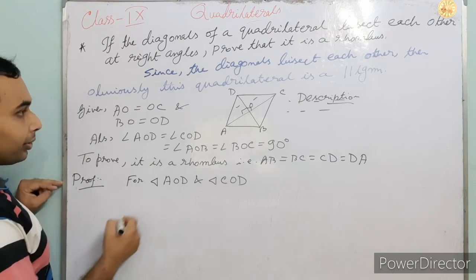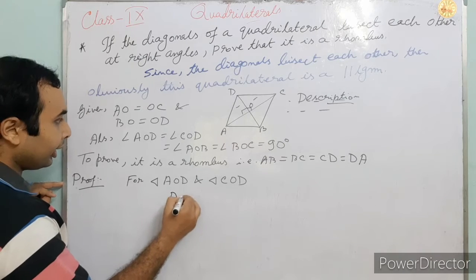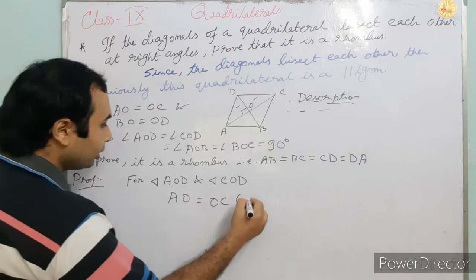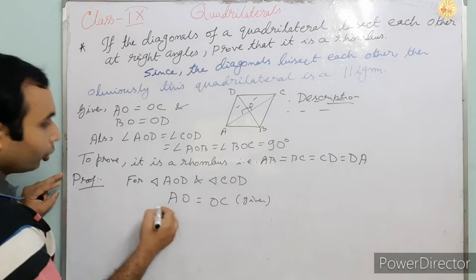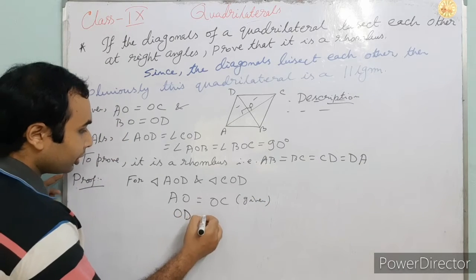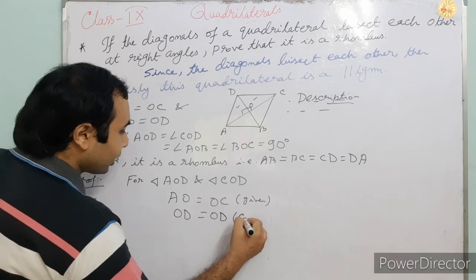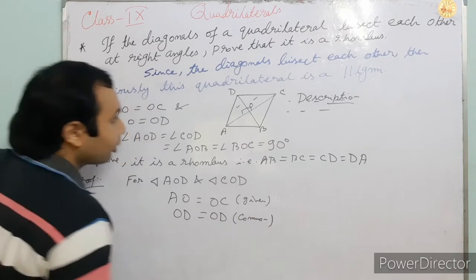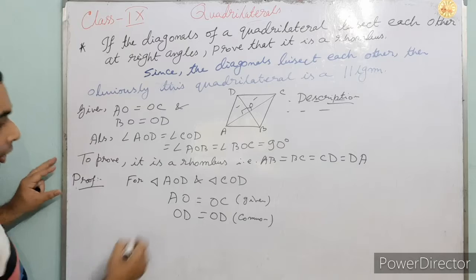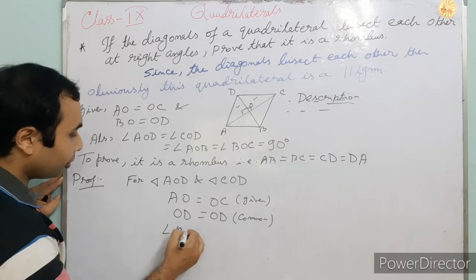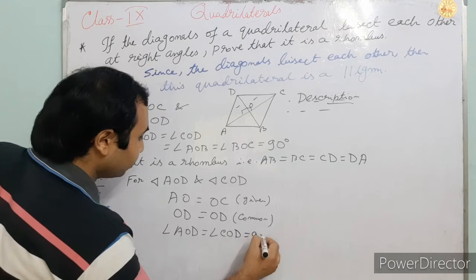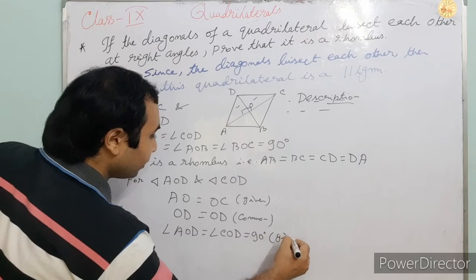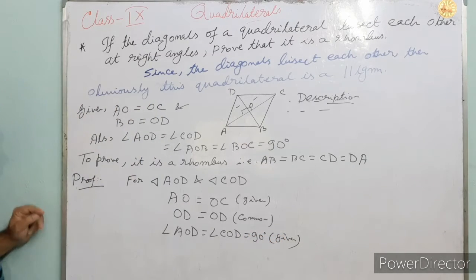So what is said, first of all, AO equals OC, it is given. Secondly, OD is common, OD equals OD, the common side, and angle AOD equals angle COD equals 90 degrees. It is also given.